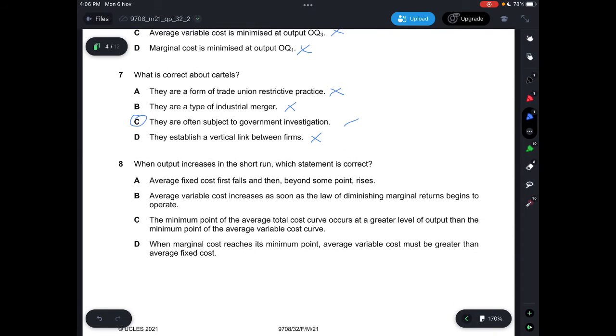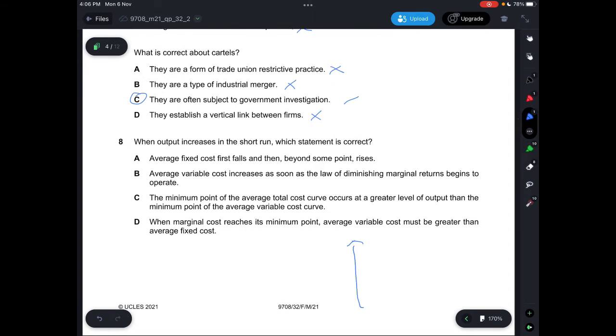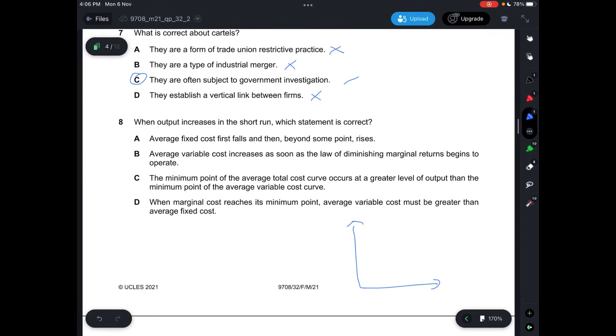Question 8, when output increases in the short run, which statement is correct? So now let's draw out the graph of AVC, ATC, and also MC. Okay, so if you look here, A says average fixed cost first falls and then beyond some point rises.